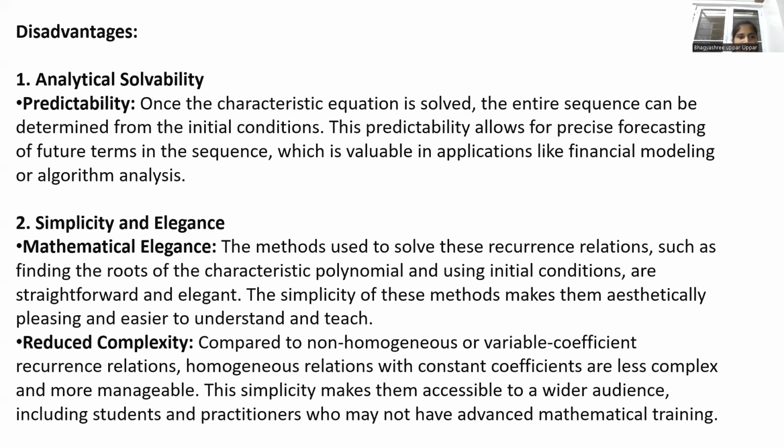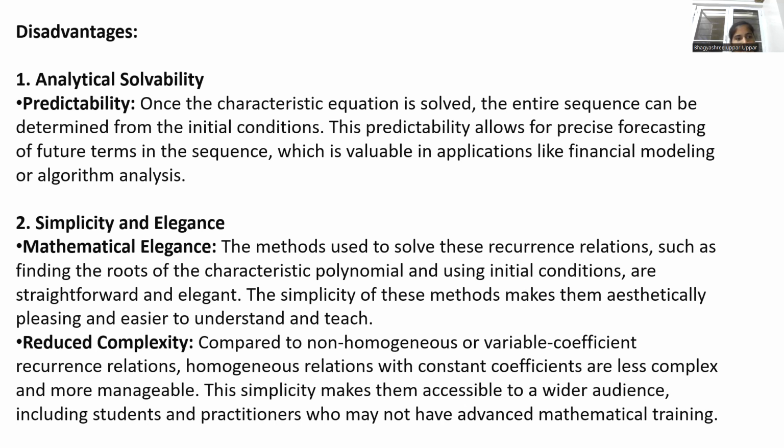Disadvantages: analytical solvability, predictability. Once the characteristic equation is solved, the entire sequence can be determined from the initial conditions. This predictability allows for precise forecasting of future terms in the sequence, which is valuable in applications like financial modeling or algorithm analysis.